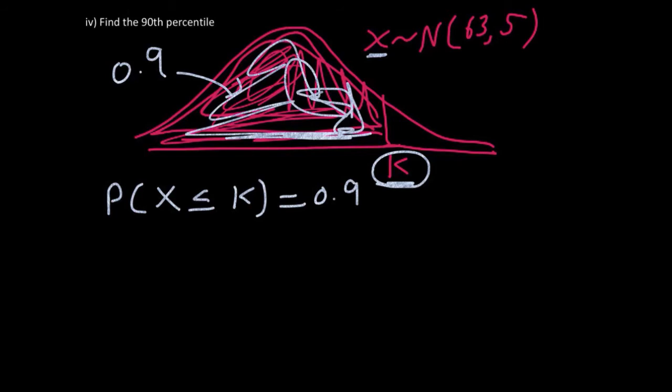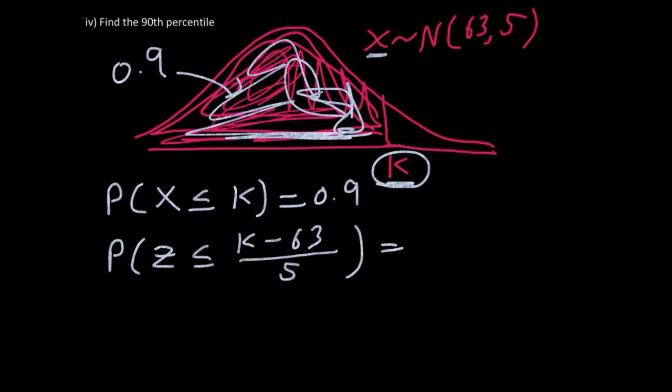Okay, now we convert this to z. As I discussed before, you can write down x minus mu over sigma, which is z, equal to k minus mu, we know this, 63, divided by sigma 5, this equals 0.9. Okay, now look at this graph very carefully.